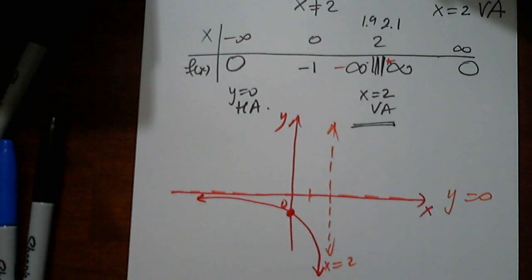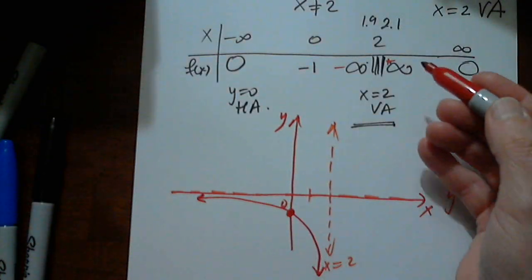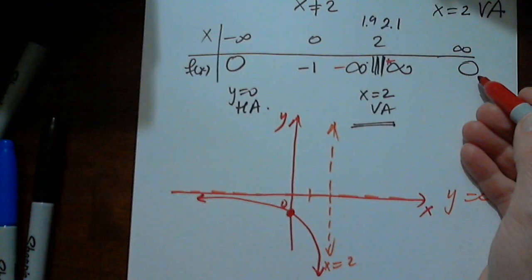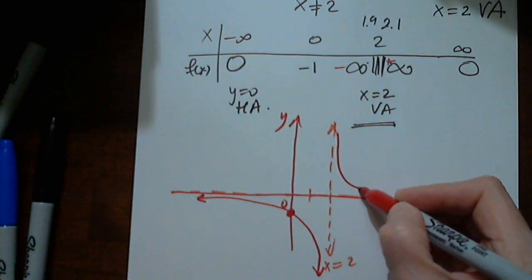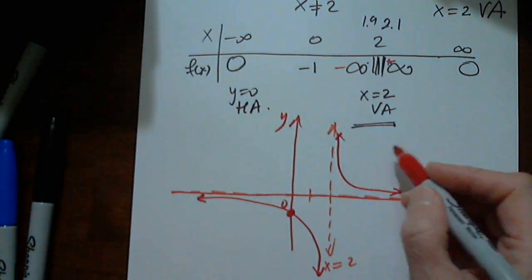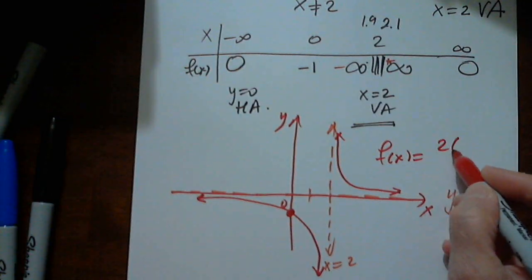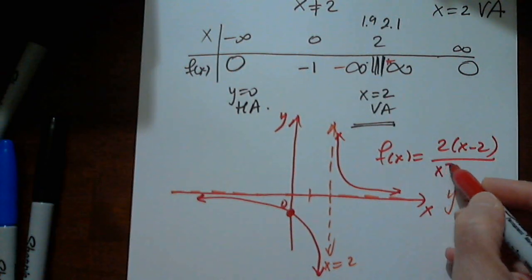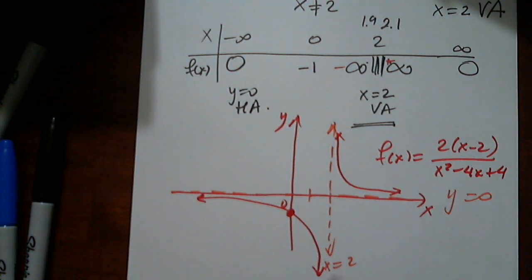Done. On the other side, it's coming from positive infinity, approaching 0 eventually. And this is f of x, 2 over x minus 2 over x squared minus 4x plus 4. This is it.